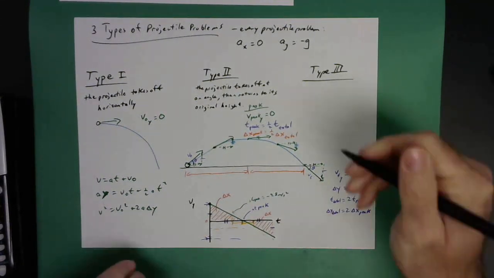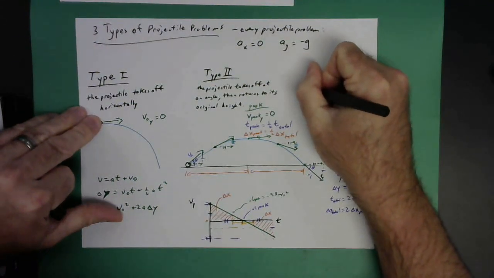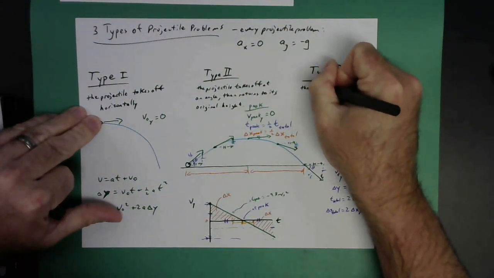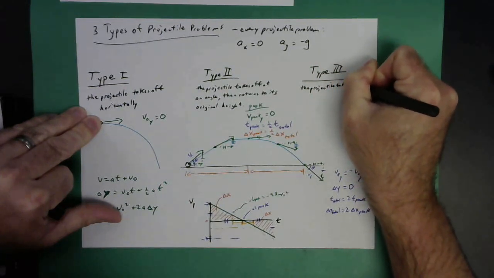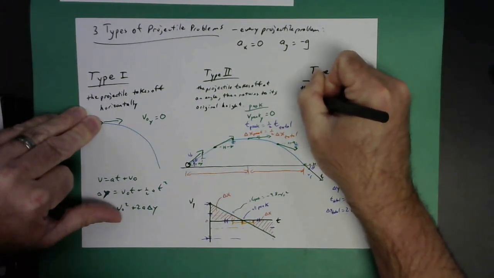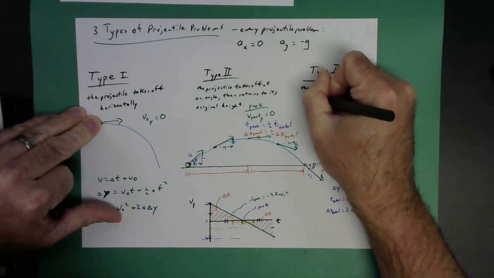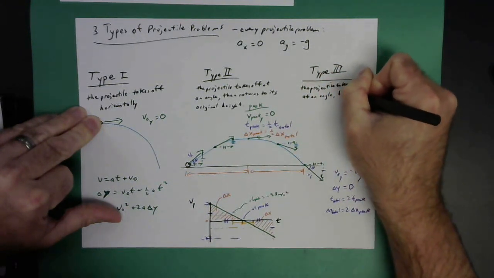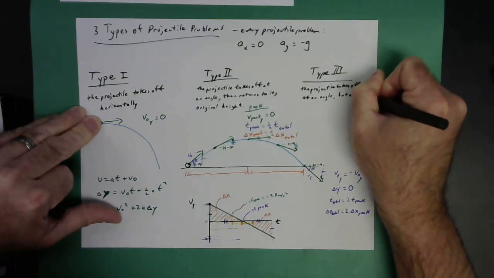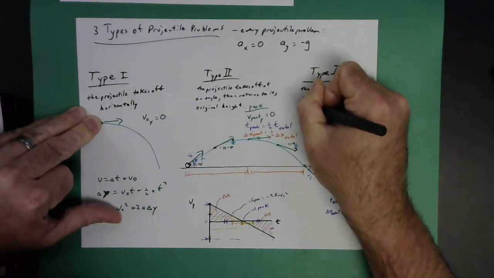A type 3 projectile problem. This is one where the projectile takes off at an angle, but ends at a different height than the original.